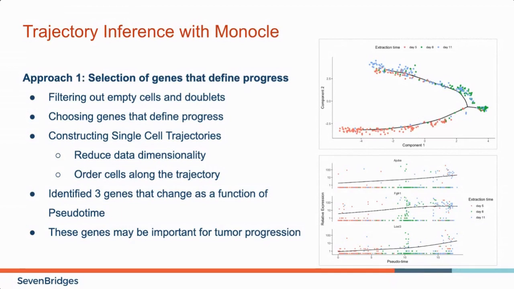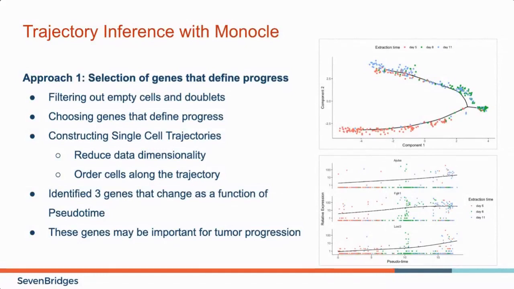Now that we calculated the trajectory, an additional step in the analysis could be identification of genes that change along this trajectory. On the bottom right plot, you can see 3 genes coding for transcriptional cofactors and changes in their activity over time.